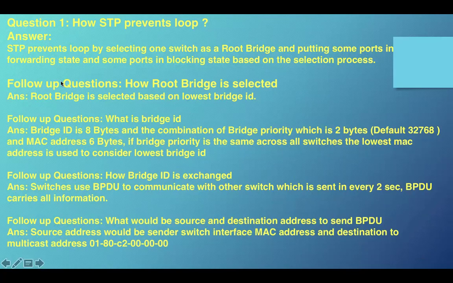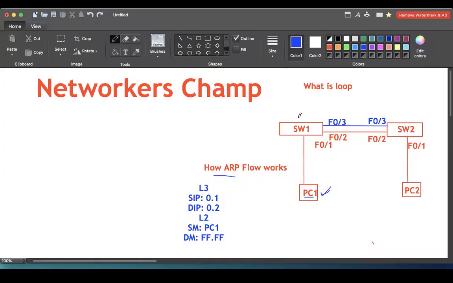How does it prevent the loop? STP prevents loops by selecting one switch as a root bridge and putting some ports in forwarding state and some ports in blocking state, based on the selection process. STP is enabled by default, by the way.